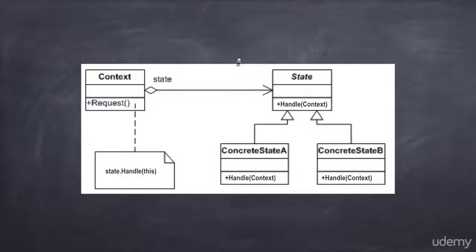When clients call the request method, the context class calls the handle method of the current state. The state does whatever it needs to do to handle the current state, and then it modifies the context to change the current state to a new value. This pattern constantly changes the behavior of the request method, as the current state of the context cycles through all possible values.